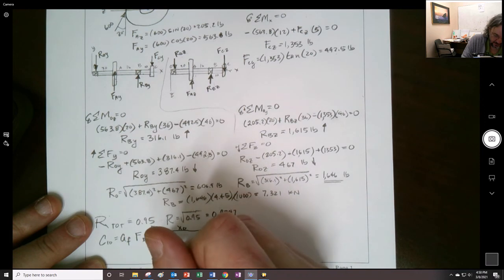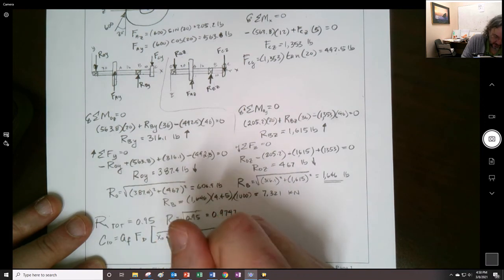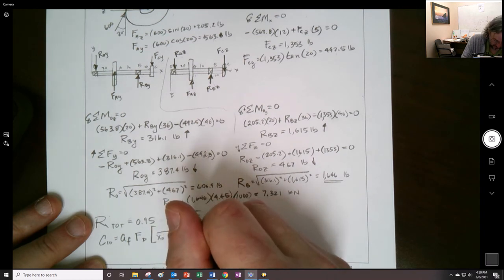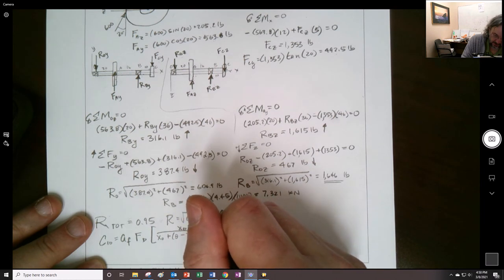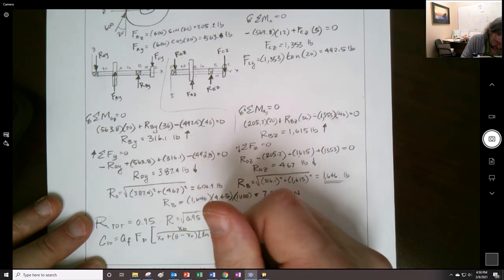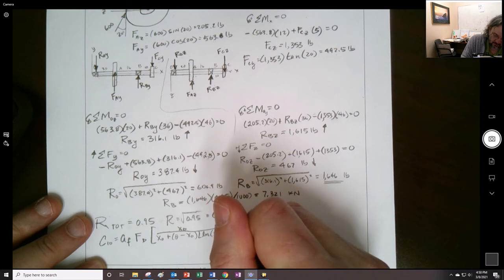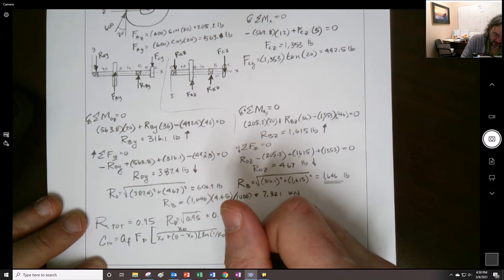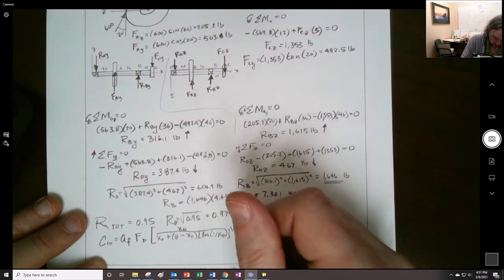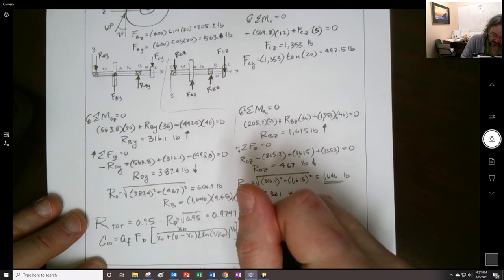And here are my Weibull things, minus X0 right here. Then it's going to be the natural log of 1 over RD, that's our desired reliability. After we do the natural log, we raise it to the 1 over b, and that whole thing is raised to the 1 over a.